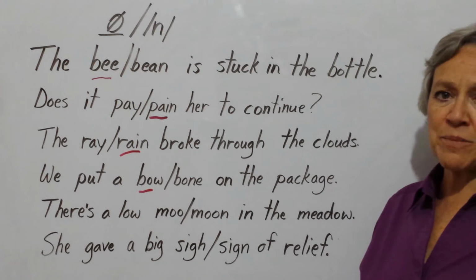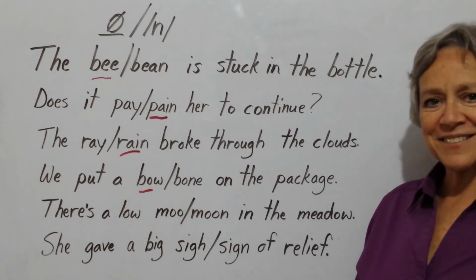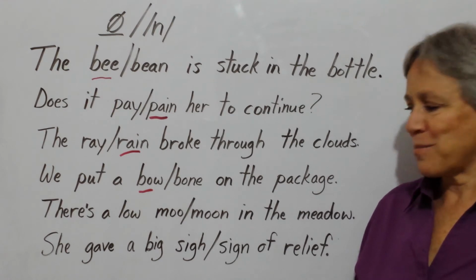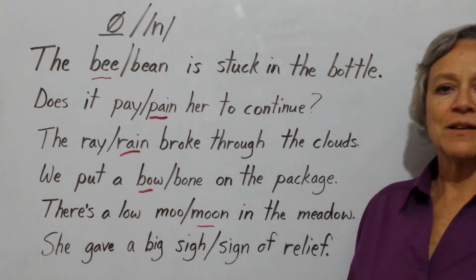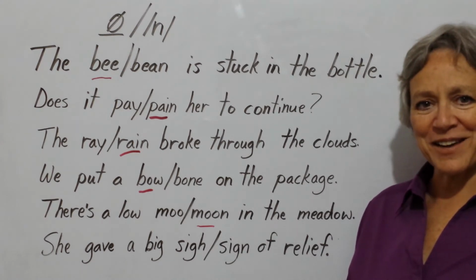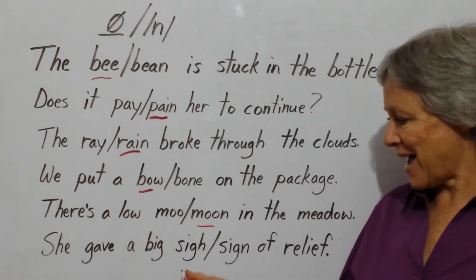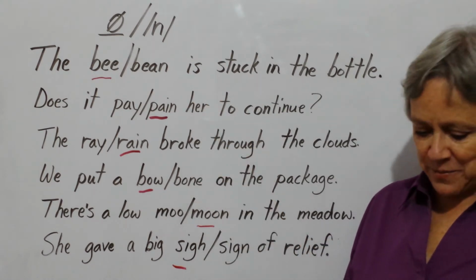There's a low moon in the meadow. Which one? Moon. She gave a big sigh of relief. Okay, which one? Sigh. All right, let me read them all again, now with the answers.